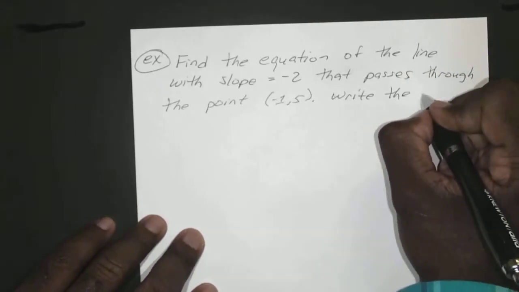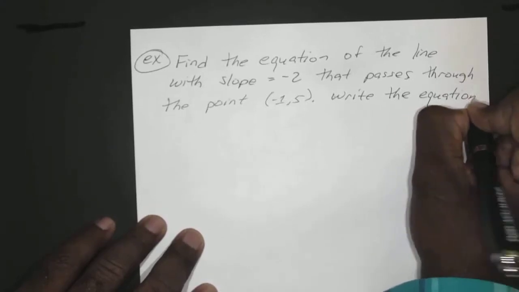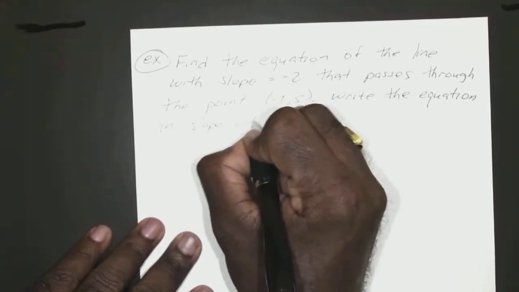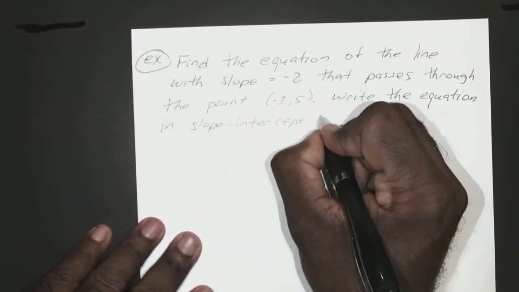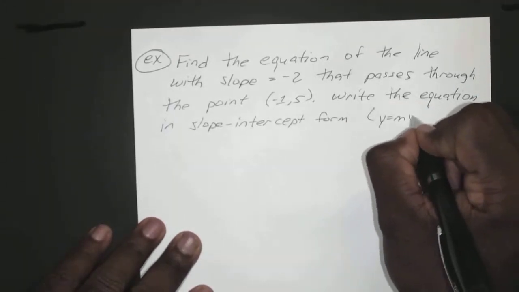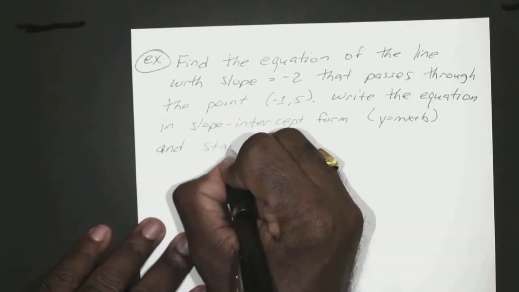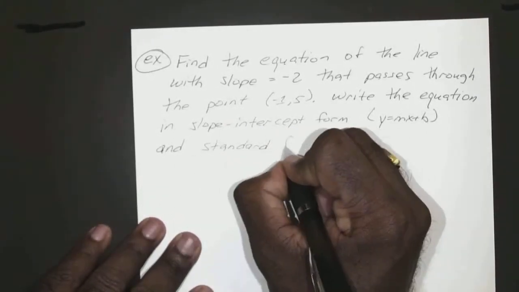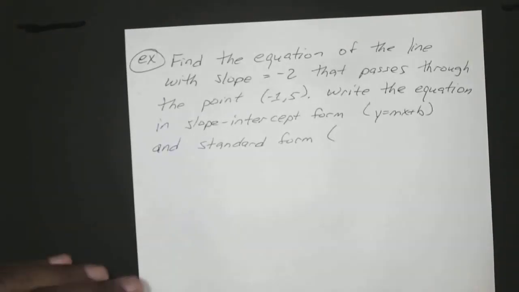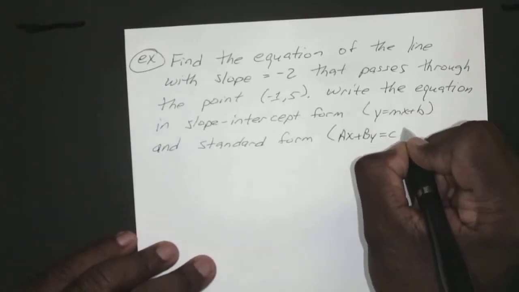Say we want to write the equation in slope-intercept form. Remember, that's your y equals mx plus b, and standard form. And remember, standard form is just all your variables on one side. So we'll make that ax plus by equals c.